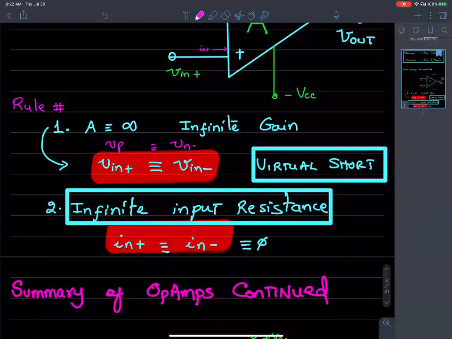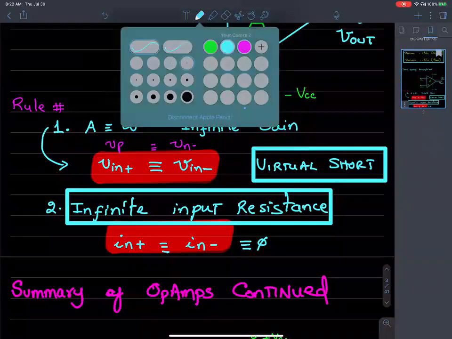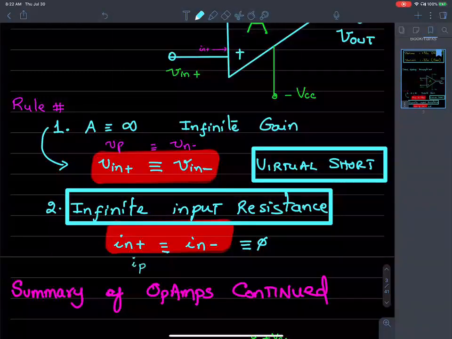That's the idea of virtual short. Rule number 2 states that the current going into the positive terminal is exactly the same as the current going into the negative terminal. Or I can rewrite this as I positive is exactly the same as I negative, and there's absolutely zero current going into the op-amp. That's rule number 2.